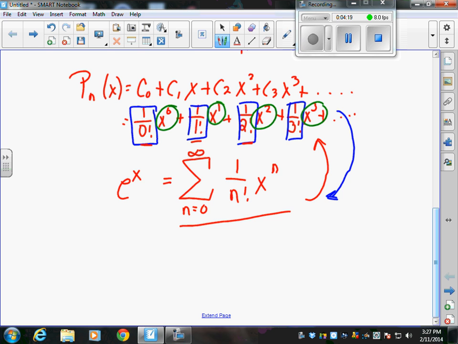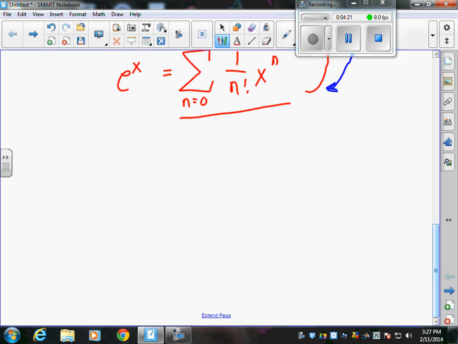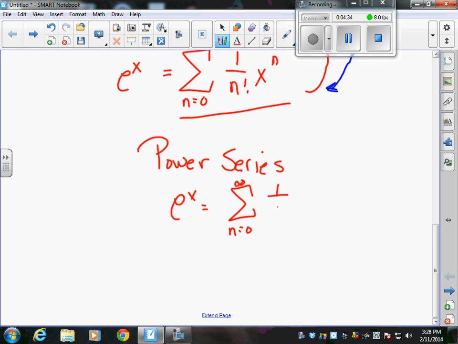So that is the power series, and I would make myself an index card so that I can start memorizing that the power series for e to the x is the sum from n equals 0 to infinity of 1 over n factorial, x to the n.